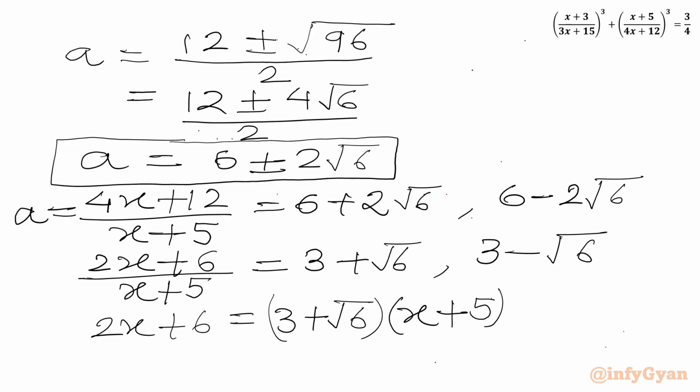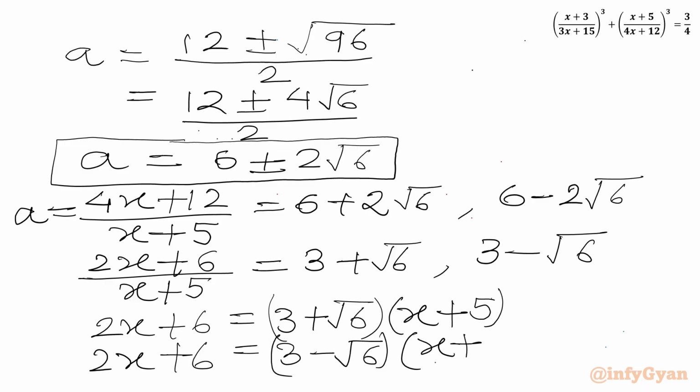And the second equation will be 2x plus 6 equal to 3 minus root 6 times x plus 5. Let me write the equations here. 2x plus 6 equal to 3 plus root 6 times x plus 5.